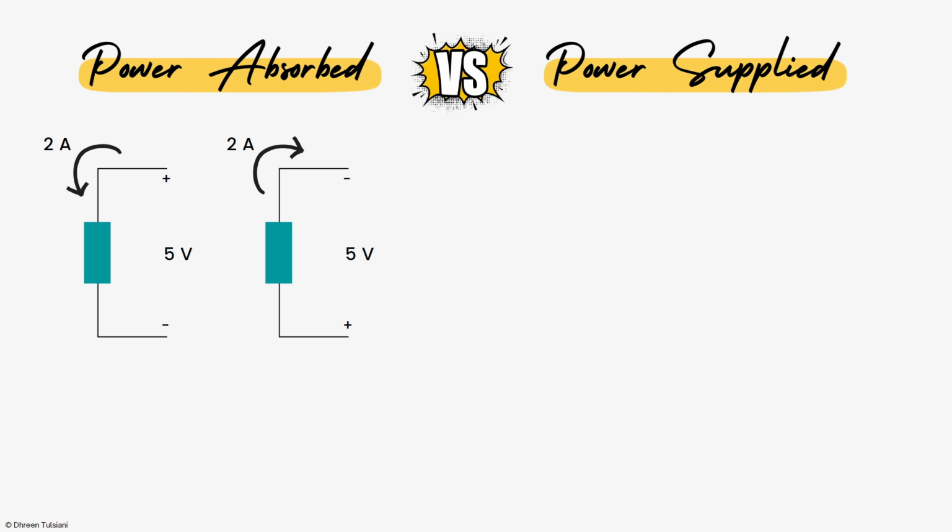Here the element is absorbing power because a positive current enters the positive terminal of the element in both of these cases. When we calculate power, we would use the formula P equals VI and multiply 5 volts with 2 amperes, and we would get 10 watts as the power.